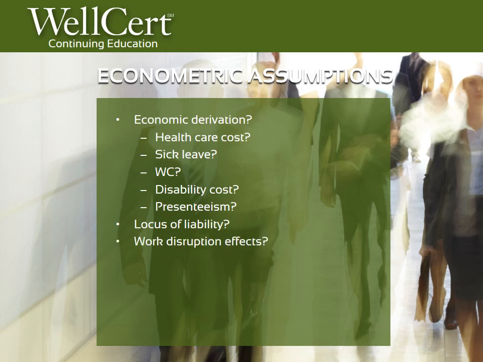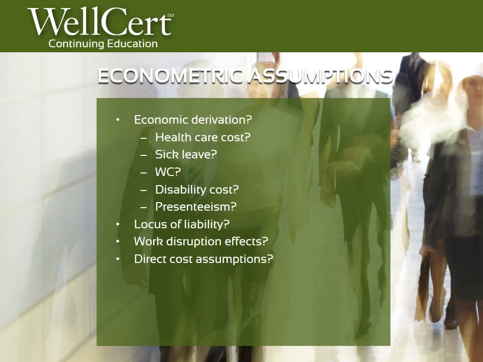There's also econometric assumptions about work disruption. So if I am finding that these particular occurrences, accidents, injuries, sick leave, have other work disruption effects that I can either compute or determine, then I may want to look at some of that disruption effect and try to make some sort of sense out of it in economic terms.